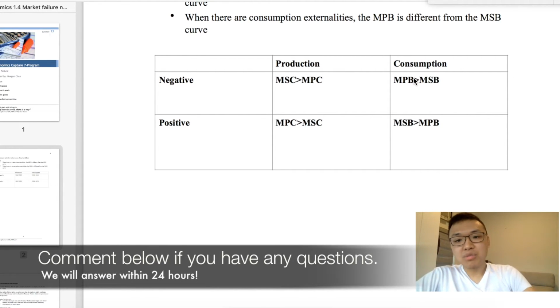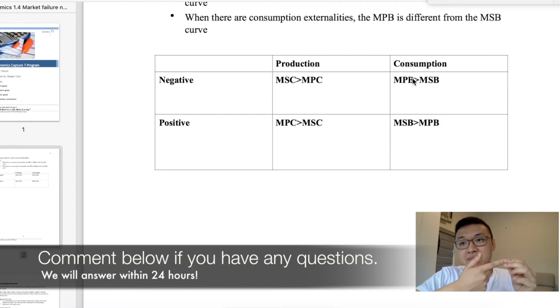So negative consumption. Actually, it's quite simple. You just need to ask yourself, if something has negative consumption externalities, is the benefit for the consumer greater or the benefit for the society? Who does it benefit more? As you know, negative consumption externalities means that it has negative effects on the society, right? On other people. So obviously, the private benefit is greater than the social benefit, as I've highlighted here, because it negatively harms the society.